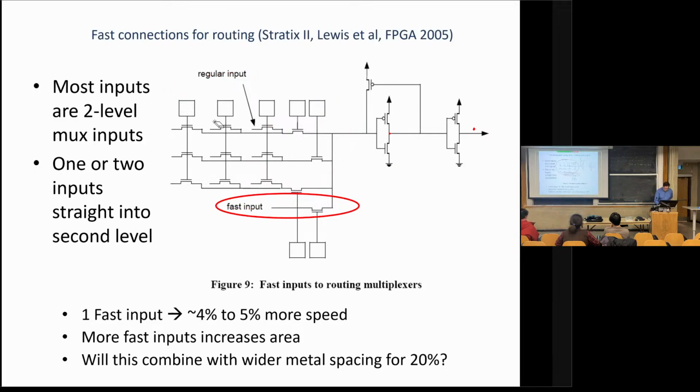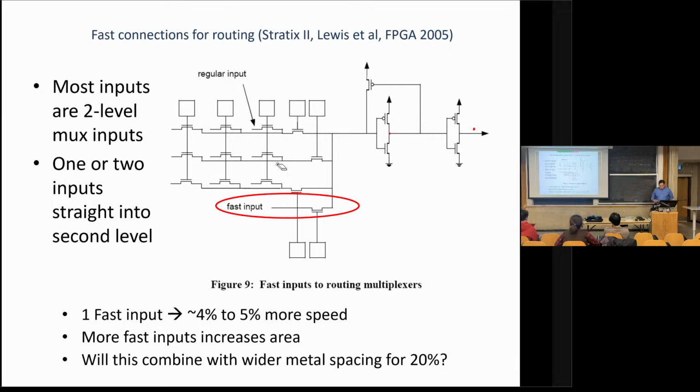So that's all basically a redrawing of things that I did on the whiteboard. But there's also one fast input here that goes through just one pass transistor. For all these other routing wires, like this one here, I go through this pass transistor and then this one, so 2 pass transistors, 2 levels of muxing. This one only goes through 1. So we've made an extra fast input.